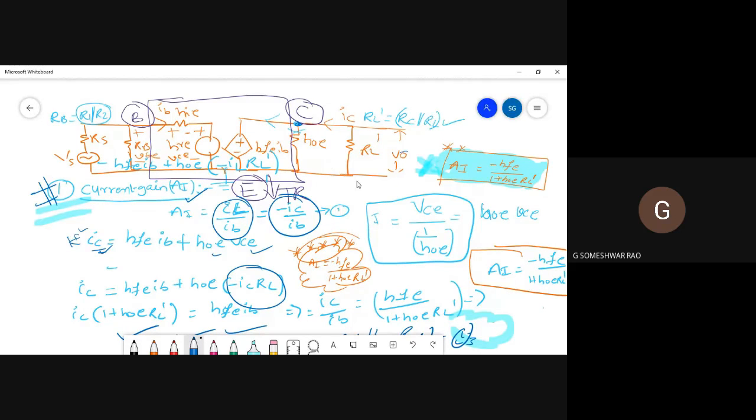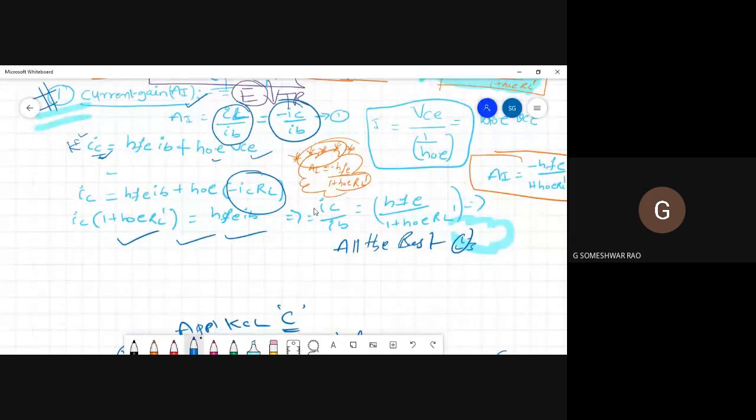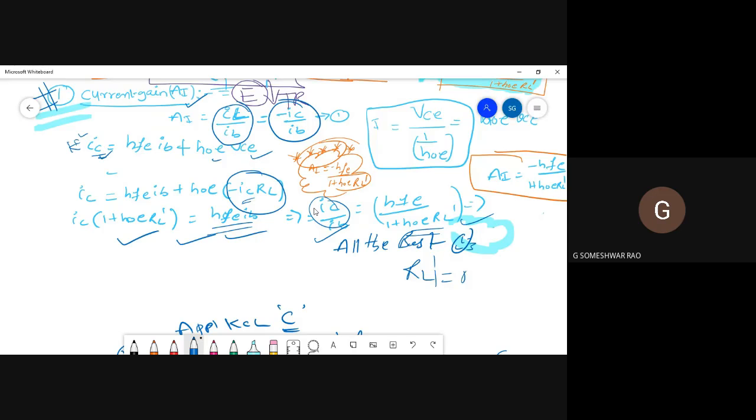Then afterwards, this IC we have taken common on the LHS side, and on the RHS side we will have HFE into IB. Then the IC by IB expression we got is HFE by 1 plus HOE into RL dash. What is RL dash here? RL dash is RL in parallel with RC.